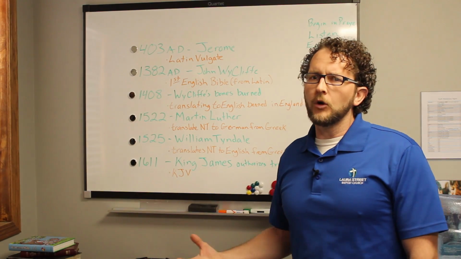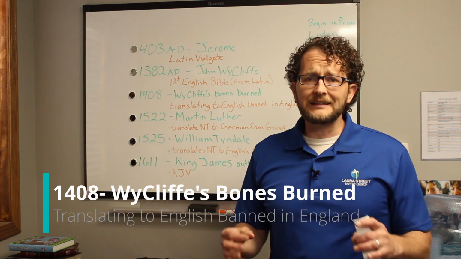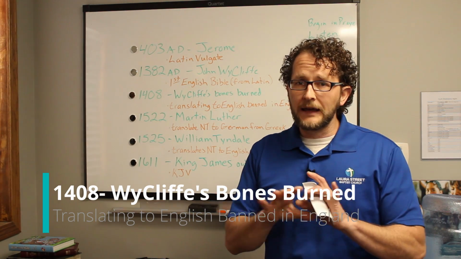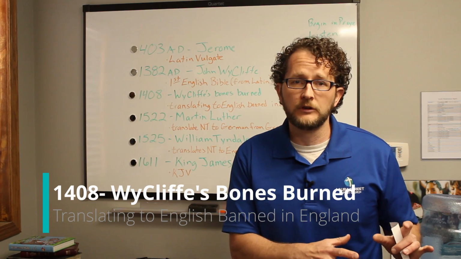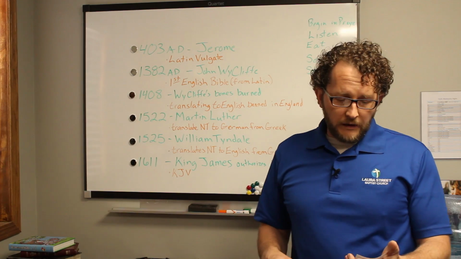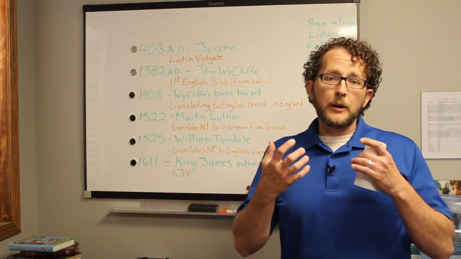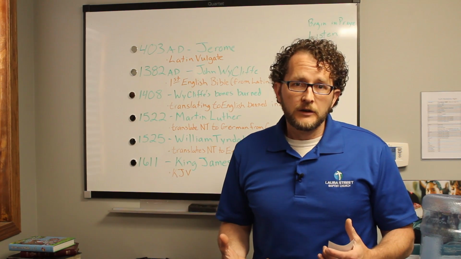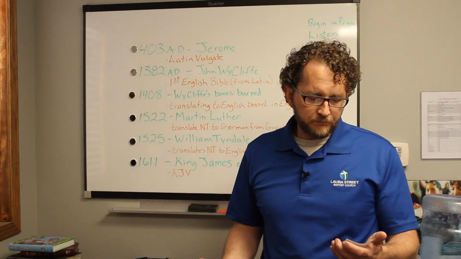In 1408, there was a decree that came out that says it is now banned, that you cannot, in England, translate the Bible to English. It's an illegal practice. And John Wycliffe's remains are actually dug up and burned because it's considered a heretical thing that he did.